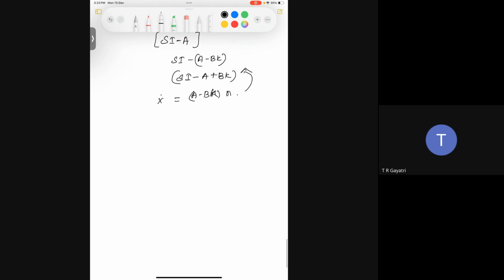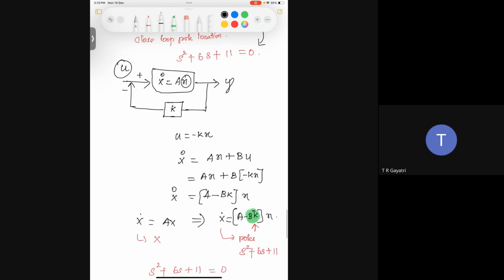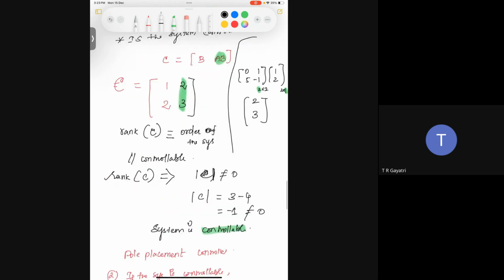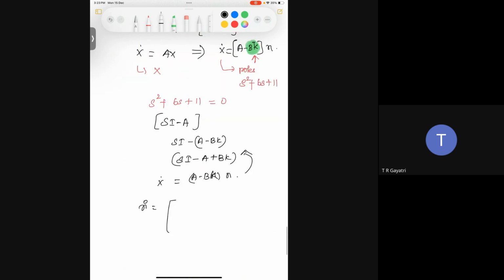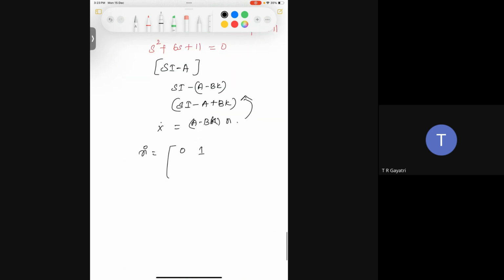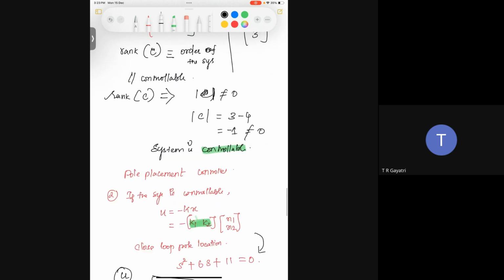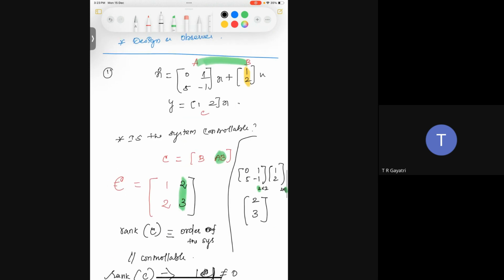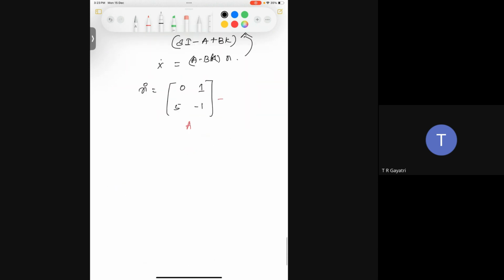So usually, if we are given the k1, k2 values, how will we write this? What is the A matrix? 0, 1, 5, minus 1. This is A, and B is 1, 2, into K which is k1, k2. This is how we write it.